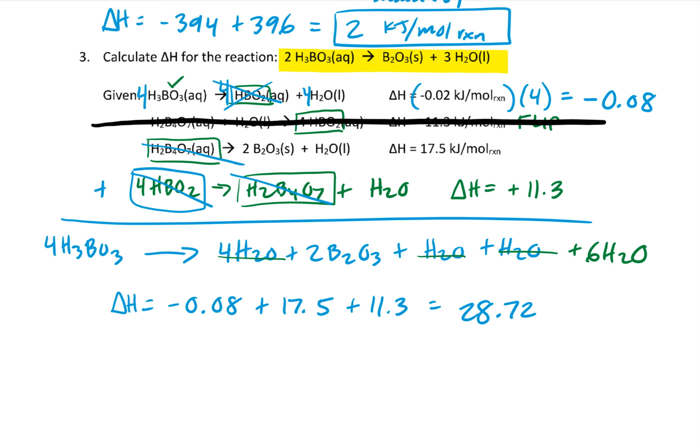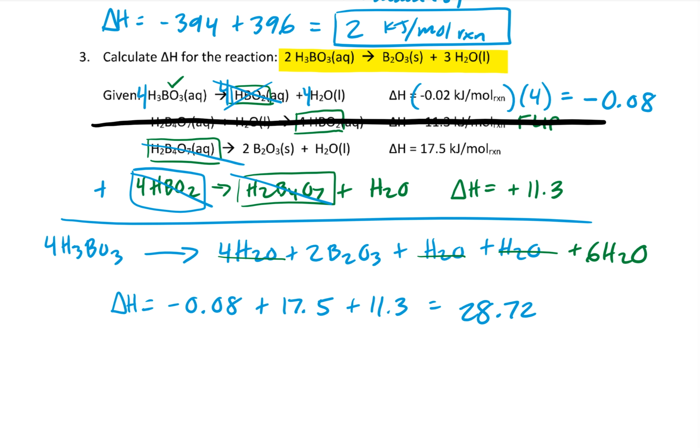Okay, and if I compare this to the desired equation, I'll notice something. The coefficient of H3BO3 should be 2, but ours says 4. The coefficient of B2O3 should be a 1, ours says 2. And the coefficient of water should be a 3, but ours says 6. So ours is really double what we should have.